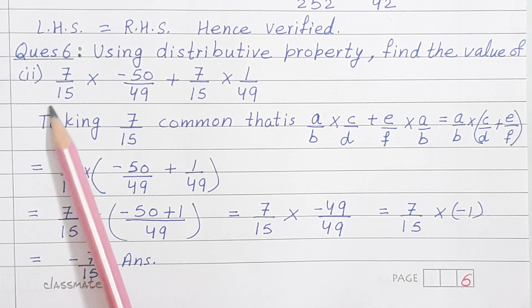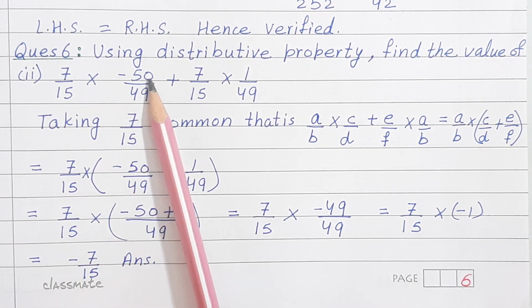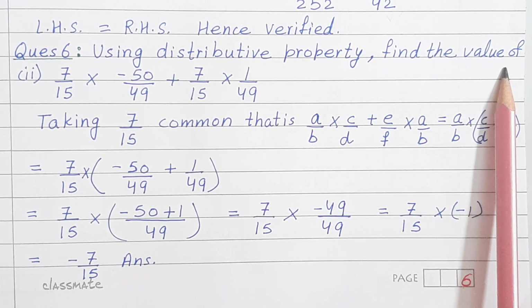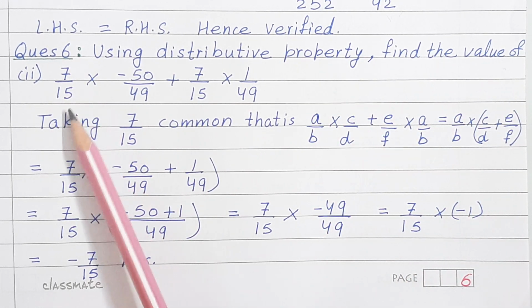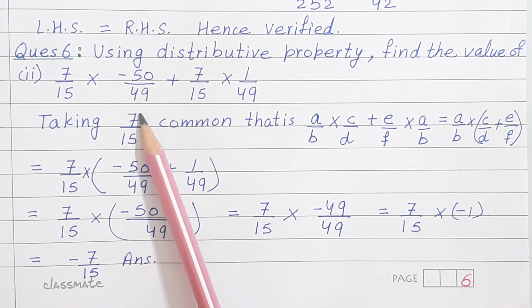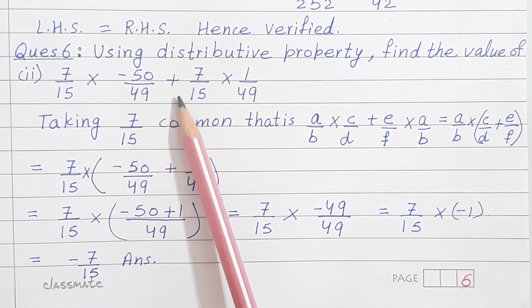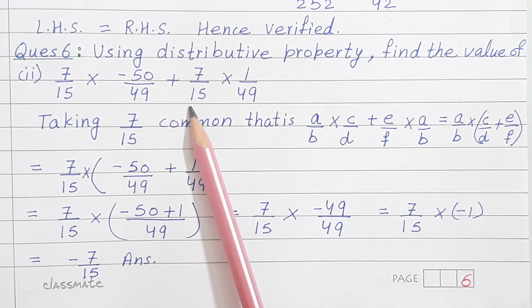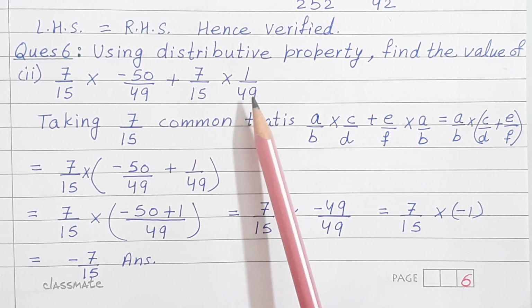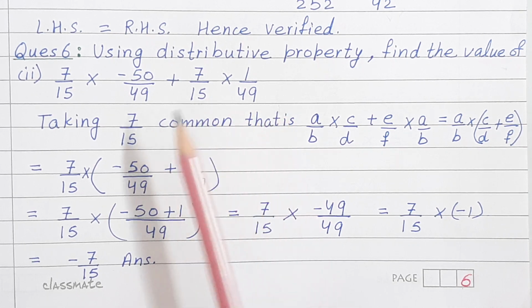Now the next question number 6 is using distributive property, find the value of 7 upon 15 multiplied by minus 50 upon 49 plus 7 upon 15 multiplied by 1 upon 49.